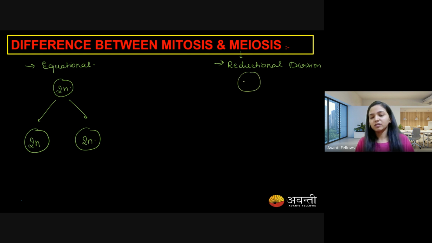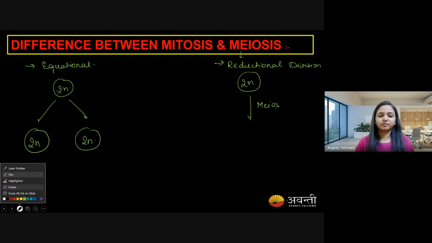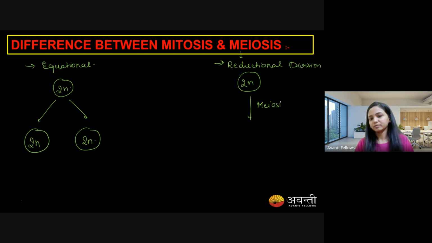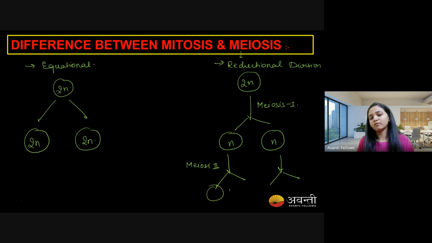But in meiosis, what will happen? If I start with meiosis 1, meiosis 1 में क्या होगा? I'll get two cells of 1n. Then after these, meiosis 2 will occur. Then in meiosis 2 I will get another two cells of which ploidy?